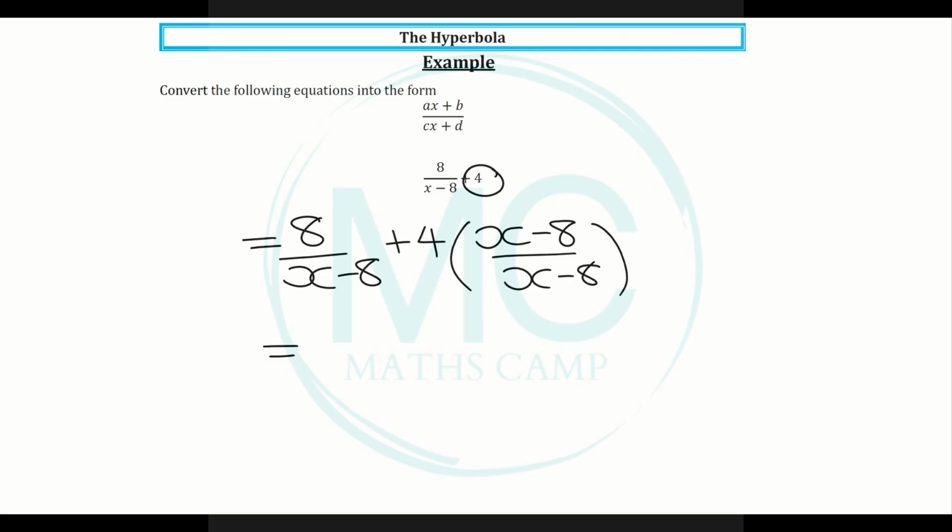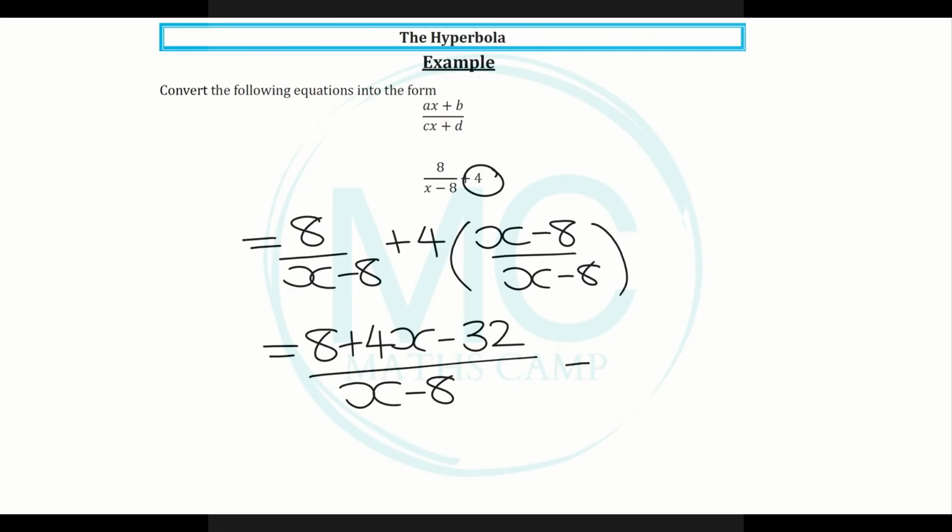Now we get 8 plus 4x minus 32 all over x minus 8. Let's add like terms and we get 4x minus 24 over x minus 8.